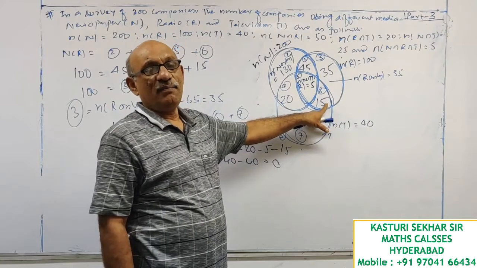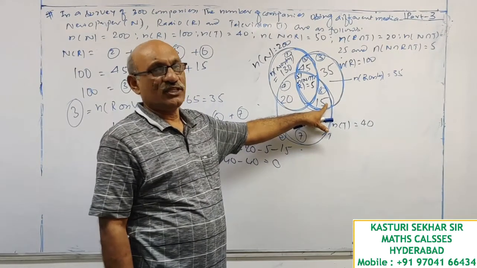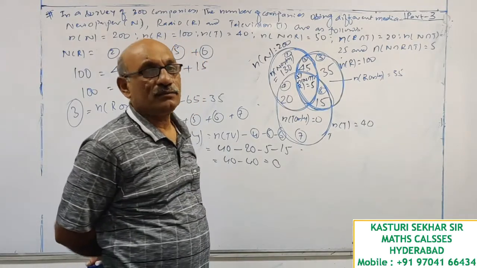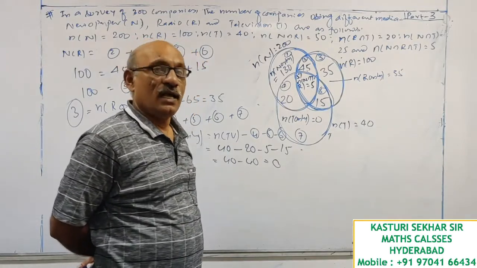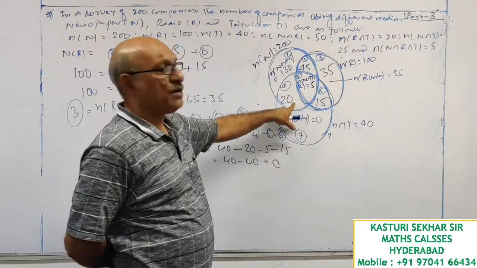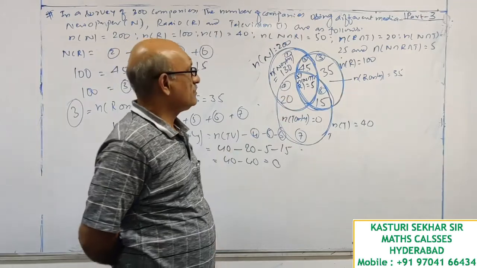Radio and TV but not newspaper is the next question: 15. Next question, newspaper and TV but not radio: 20. Okay.